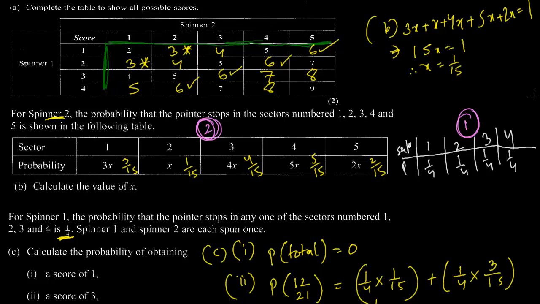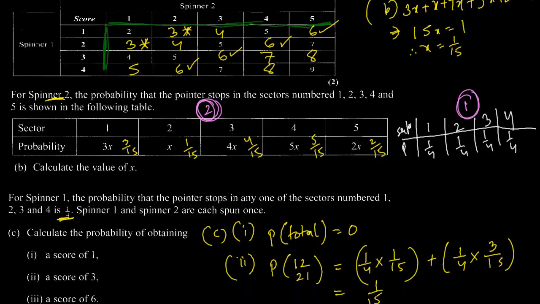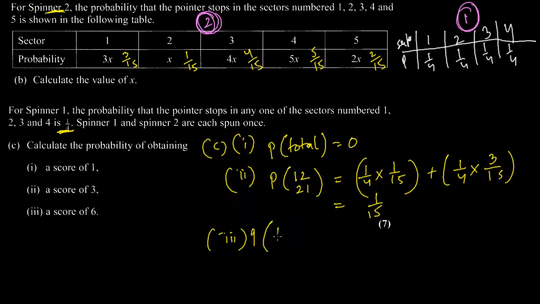Let me write this down. Getting a 6 is 1, 5. There is no option of 5, 1 because the first spinner does not have the number 5. Another option is 2, 4, and it can be 4, 2. Another option is 3, 3, and that's it. There are 4 ways of getting a 6.